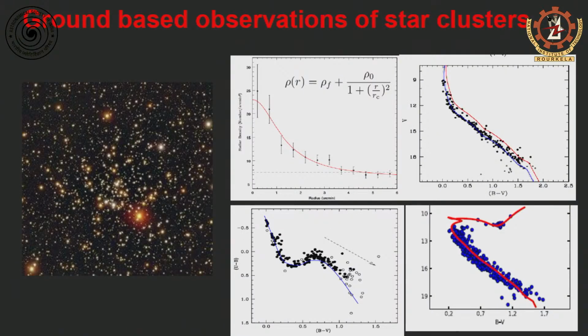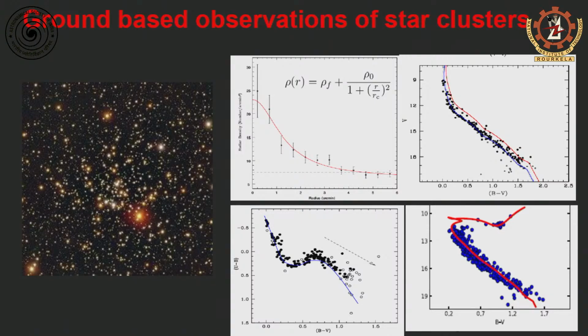So we observed star clusters. Earlier we used to observe all these star clusters from ground based telescopes. Nainital, where I work, has a lot of telescopes. We started from a 1 meter telescope, and now we have a 1.3 meter telescope and a 3.6 meter telescope. So we have a legacy of working on star clusters since 1972.